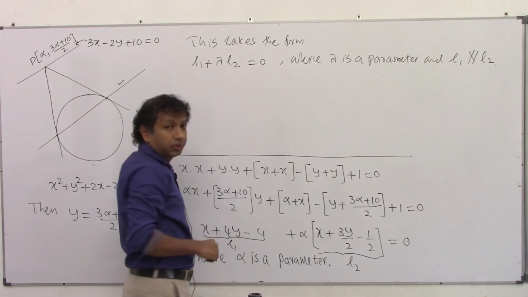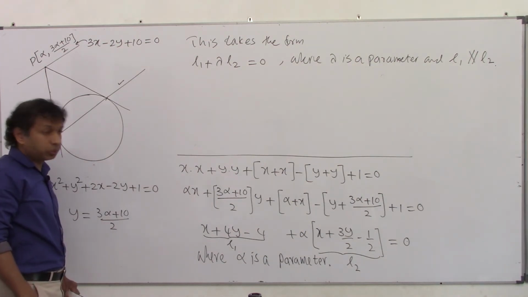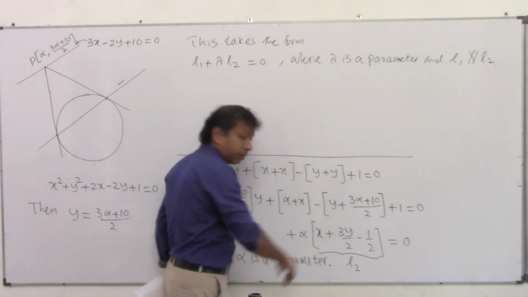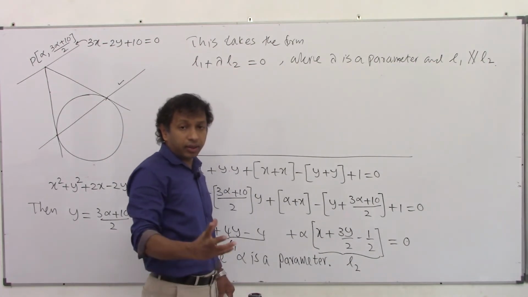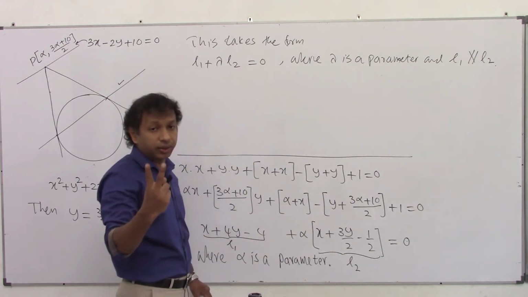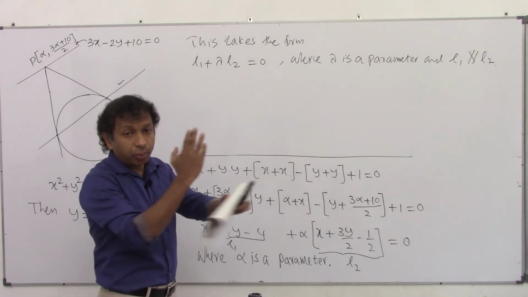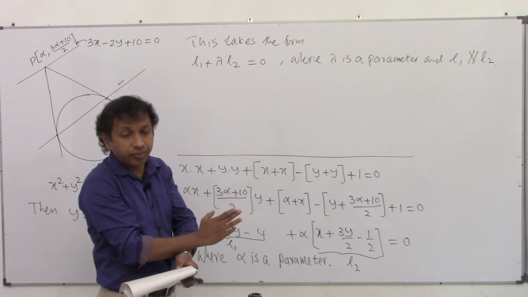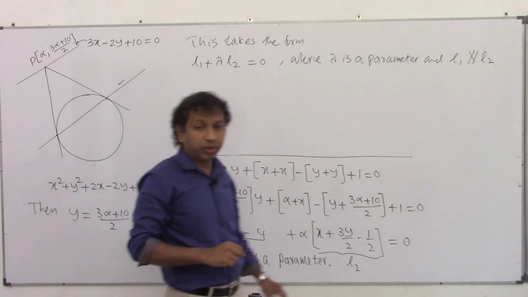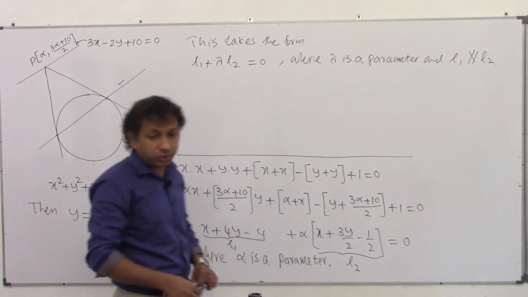So we can now say this chord of contact passes through the point of intersection of this line and this line. These two lines are fixed lines, therefore their point of intersection is fixed. So that chord of contact passes through that fixed point. That's how we prove it.